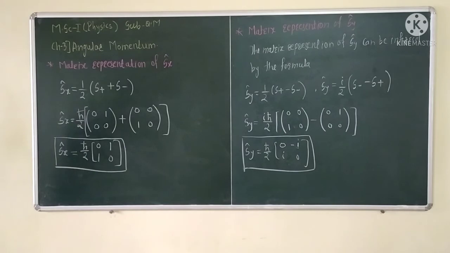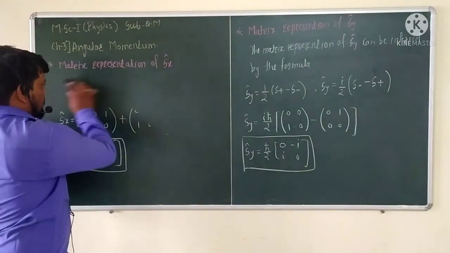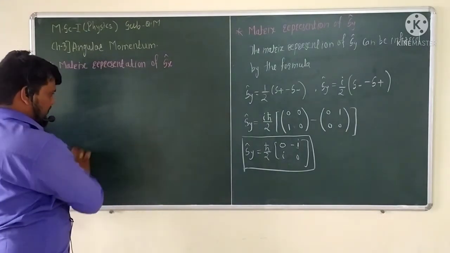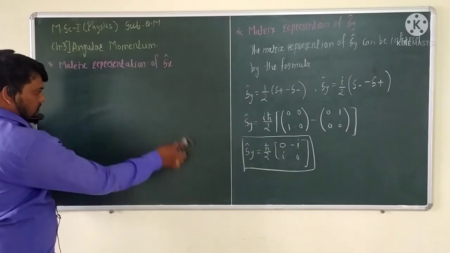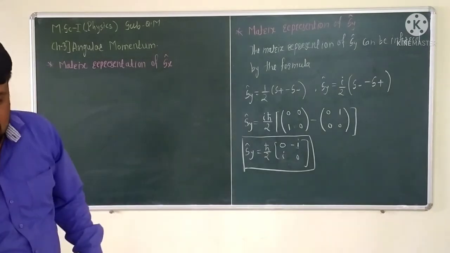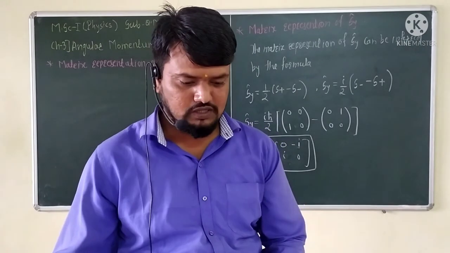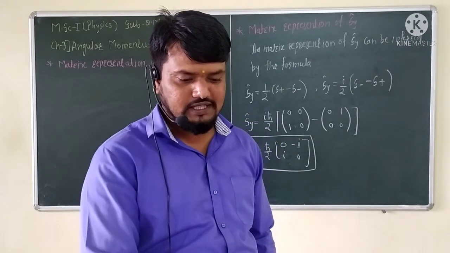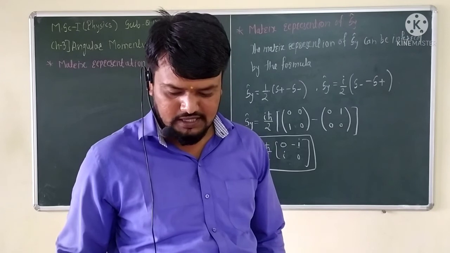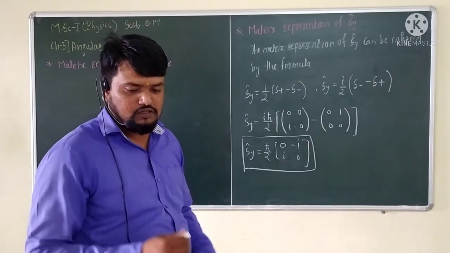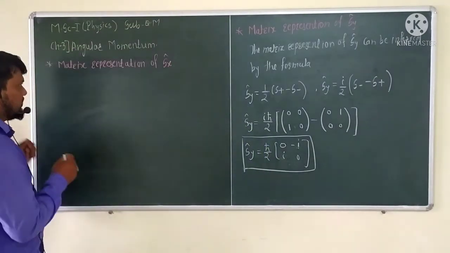Once again we want to see the formulas for all types of the matrices, starting from S square, Sz and so on. First we see the spin matrices.